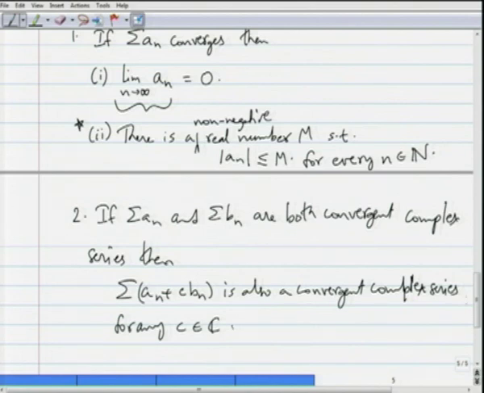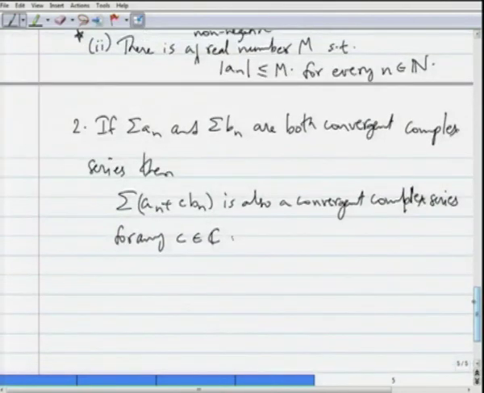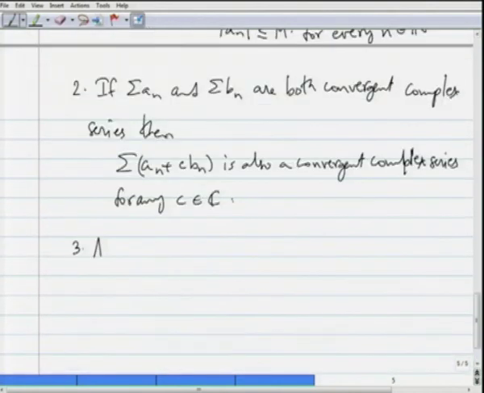Once again, the proofs of these properties are very easy.